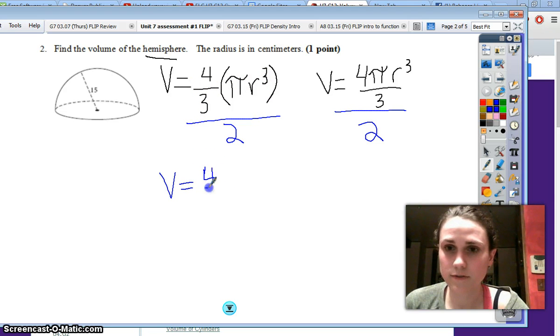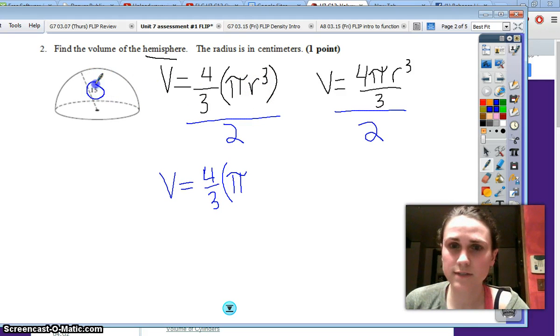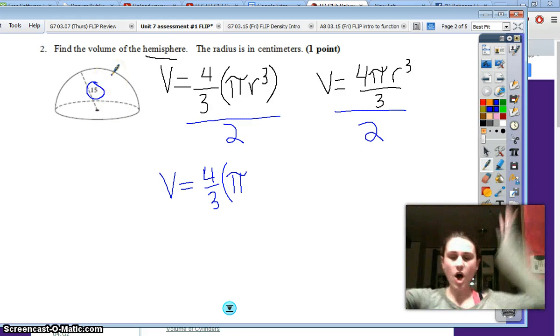Volume equals 4/3 times pi times, now we look at this picture to figure out our radius, which we'll notice is 15. And the radius of a sphere can extend in all directions.